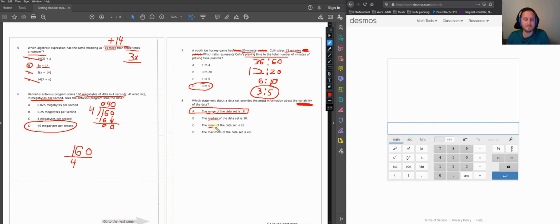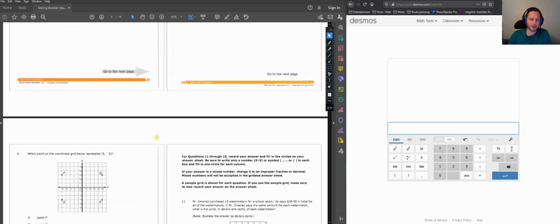Mean and median do tell me where the middle of my data should be, but they don't tell me how spread out the data is. Maximum, well, it's great to know that the maximum is 40, but unless I know what the minimum was too, that doesn't really tell me how spread out the data is. Because what if the minimum is only 35? It's not very spread out at all.